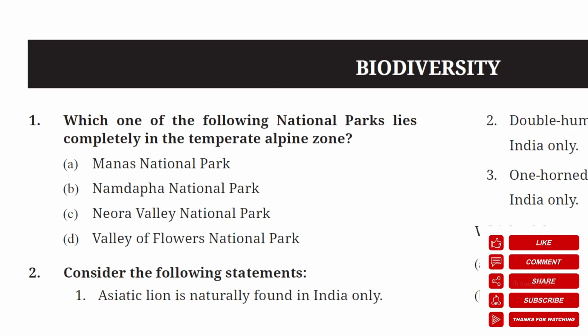If you see the options one by one, see Manas National Park. Okay. Grasslands of Terai and Bhabar type cover half of the Manas Park. The riparian areas have colonizing grasslands and woodlands of several species. The thick woodlands are called, so basically this is not the answer. Okay. Namdapha National Park is the largest protected area in the eastern Himalaya biodiversity hotspot, located in Arunachal Pradesh.